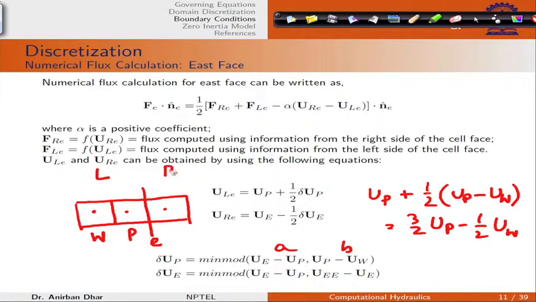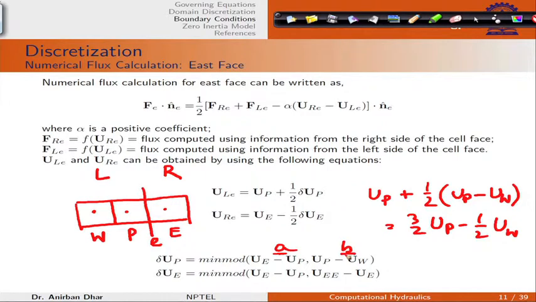This is my left side, this is my right side. Initially, when we have the a value, we have seen that this quantity is the average of P and E, these two values, at the interface.